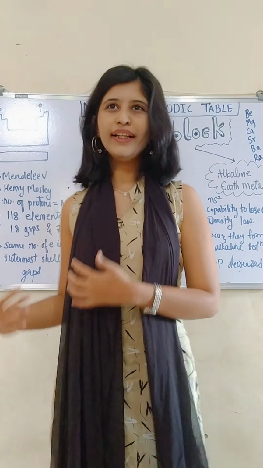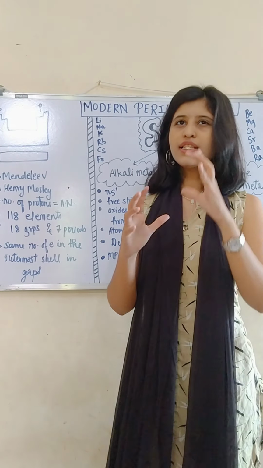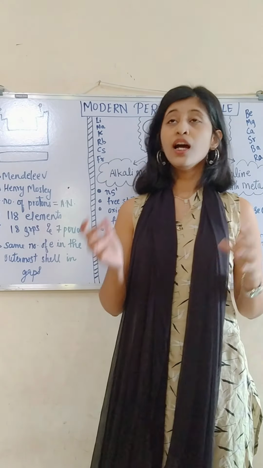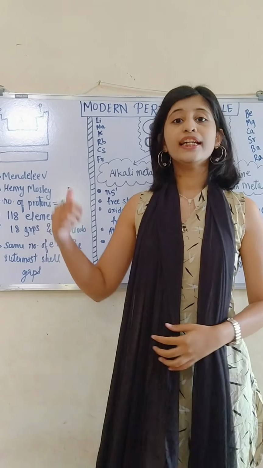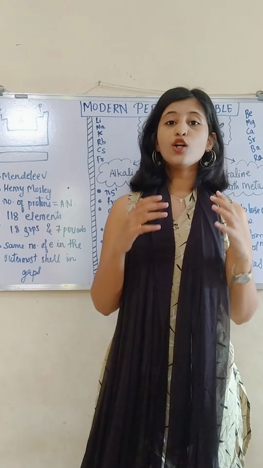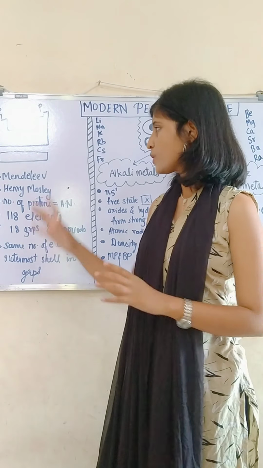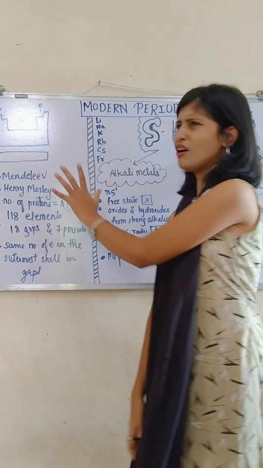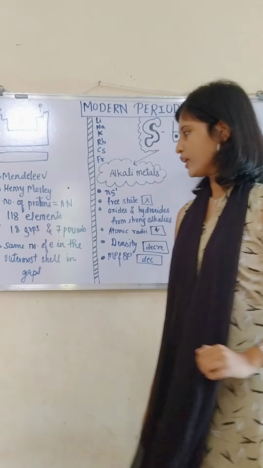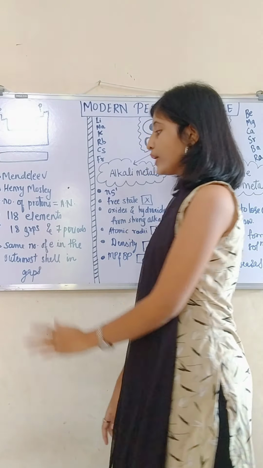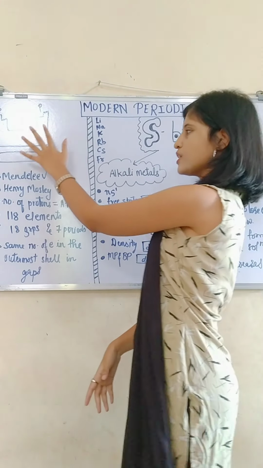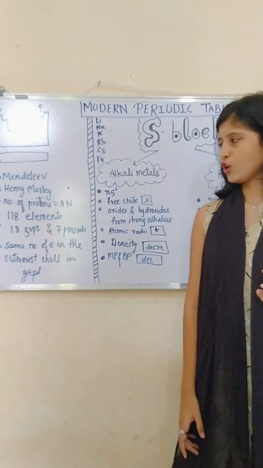Now, as Mendeleev had made this periodic table on the basis of atomic mass of an element, unlike that, Henry Moseley came up with the periodic table arranged on the basis of atomic number of those elements. Now, this is a rough structure of the modern periodic table. In this entire periodic table, there are 118 elements.